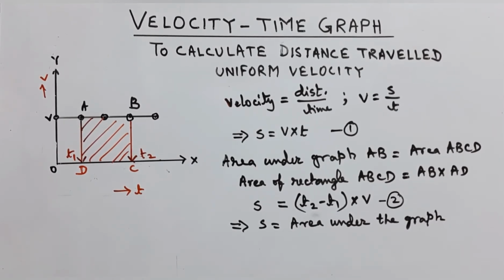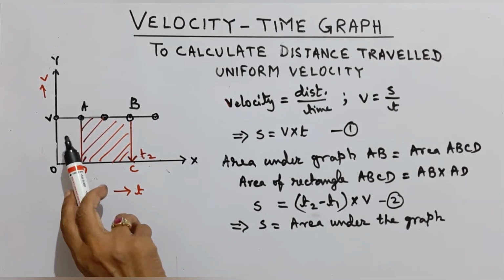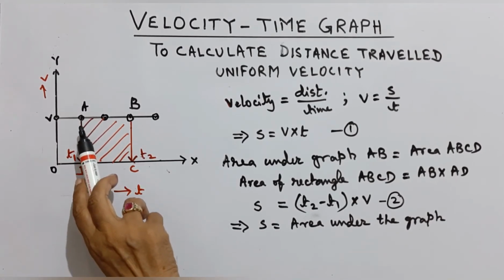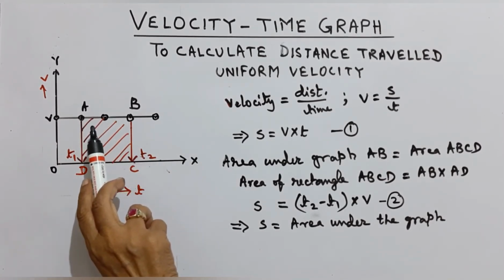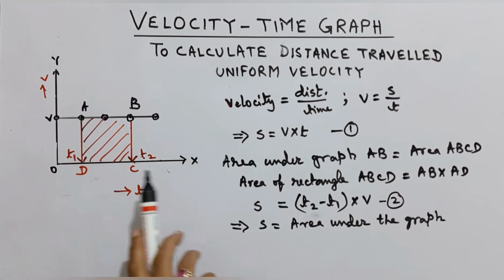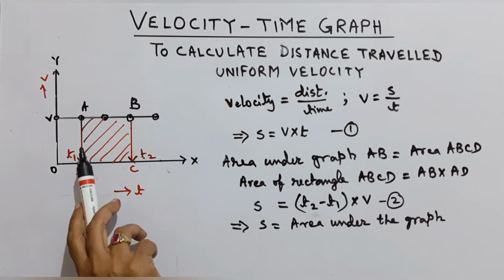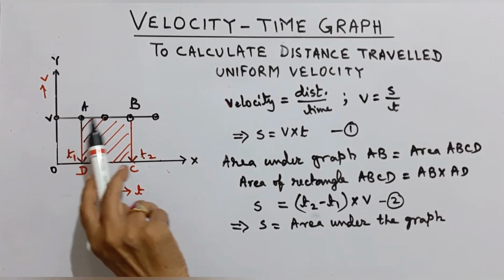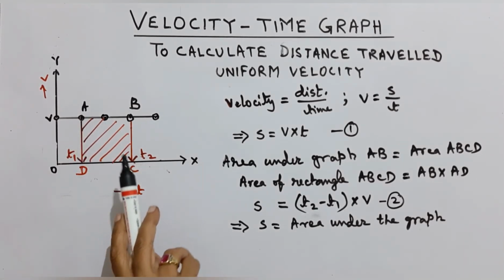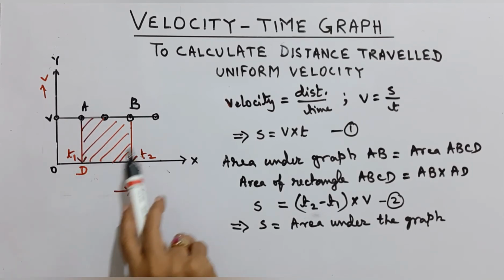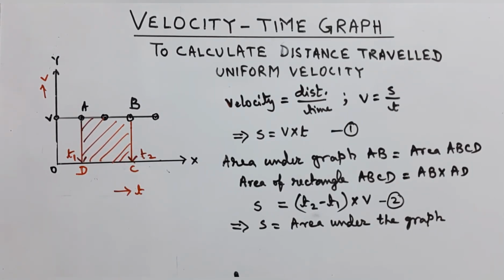So we see that the area under any portion of the graph gives us the distance travelled for that portion of the graph. So when the object travels from point A to point B, the distance travelled by it is given by the area under the graph.